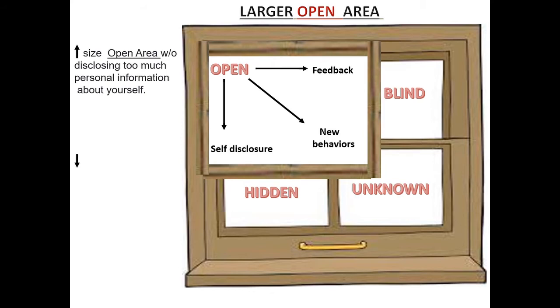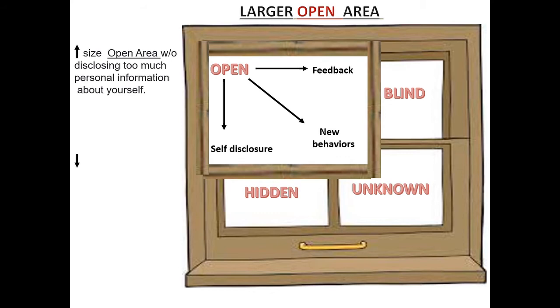Now, it is said that the very goal would be to increase the open area. But we have to consider that this is without prejudice to disclosing too much personal information about yourself. That is, we will be having an issue about trust.